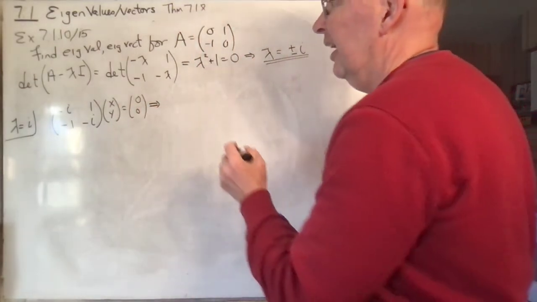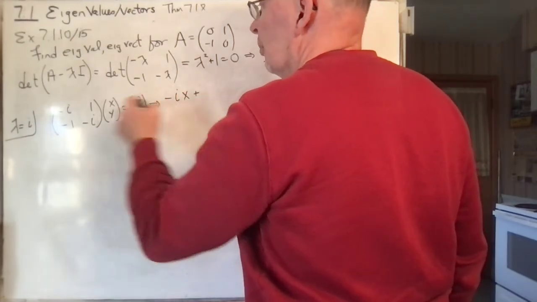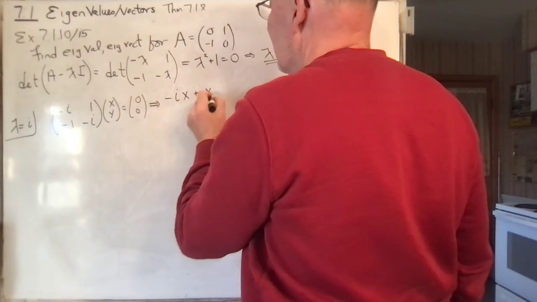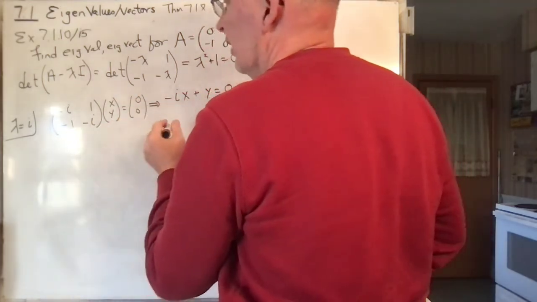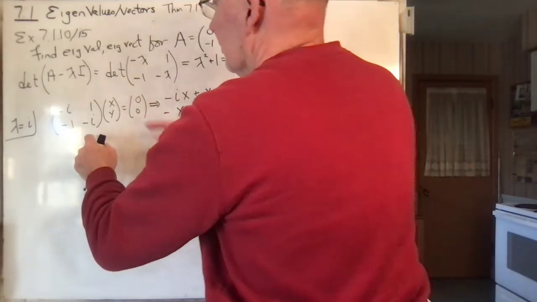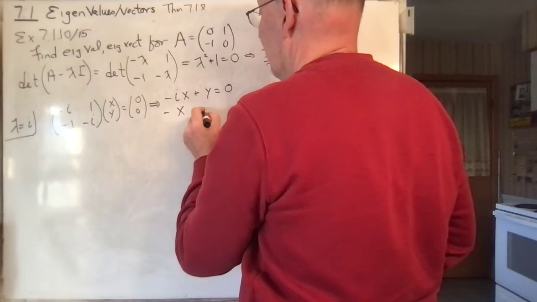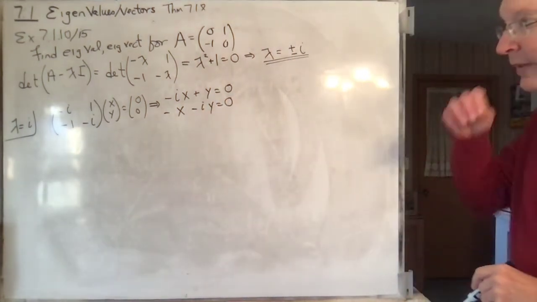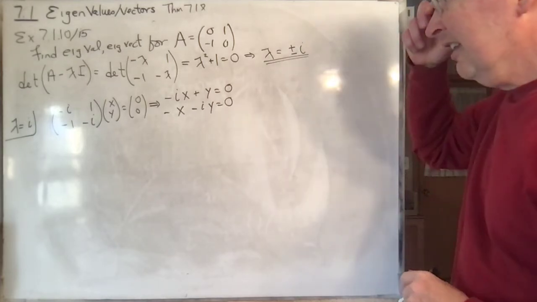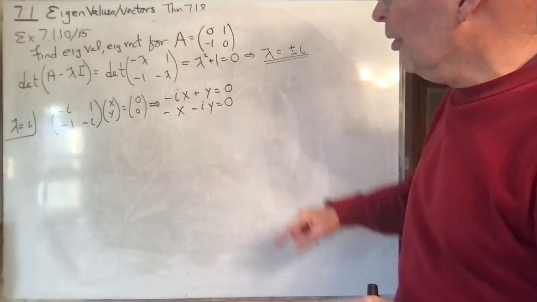Which means that -ix plus y is equal to 0. And if you multiply this out, you're going to get -x minus iy is equal to 0. Now, is it still the case that one of these is just a multiple of the other?